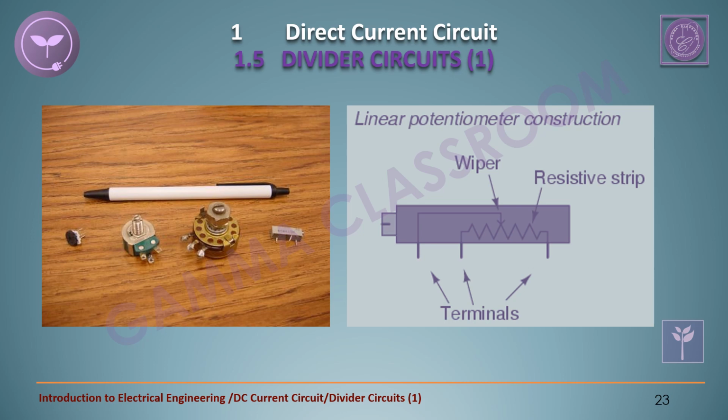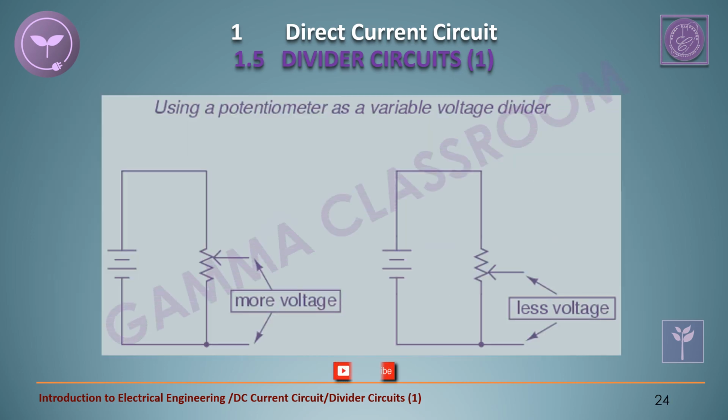If we draw a diagram using a potentiometer as a variable voltage divider, this is a battery. This is the total voltage between these two points.